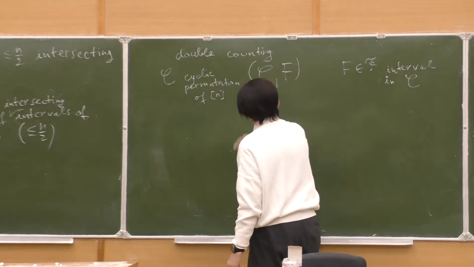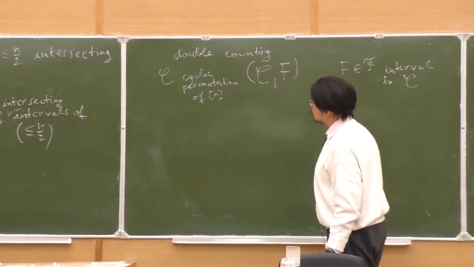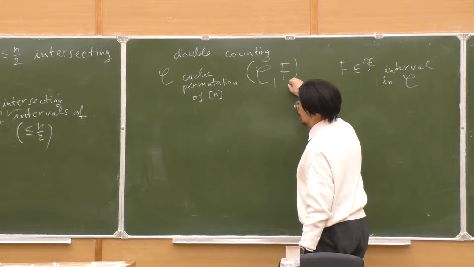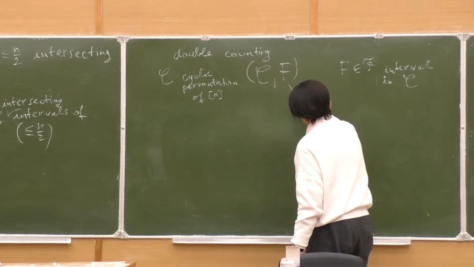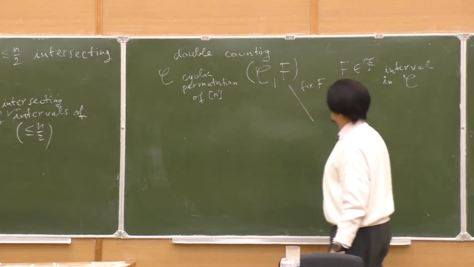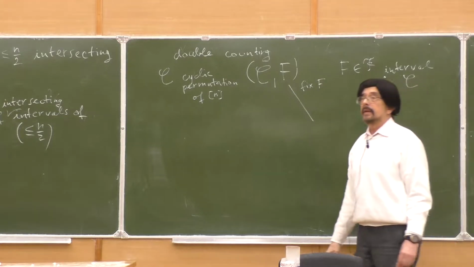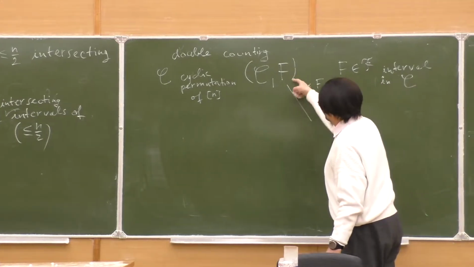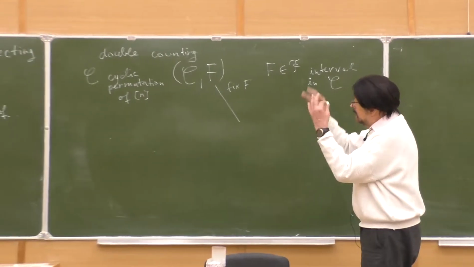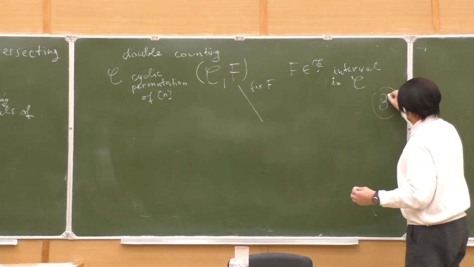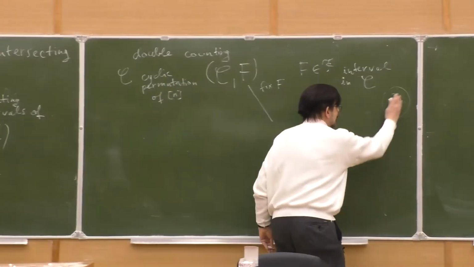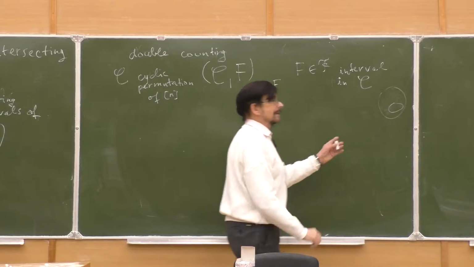And double counting means that we fix one side and then fix the other side. So try first with fixing F. So it is a member of the original family, one of the intersecting family.